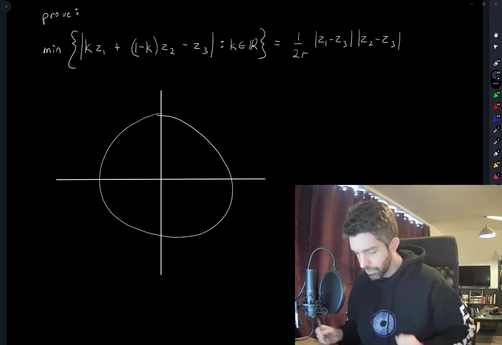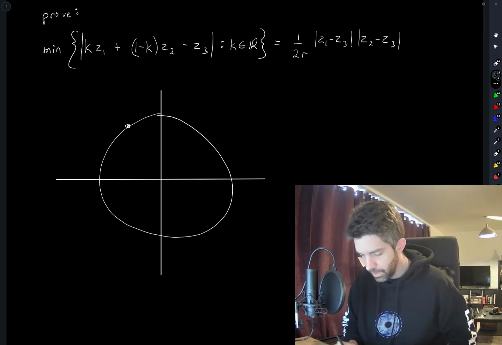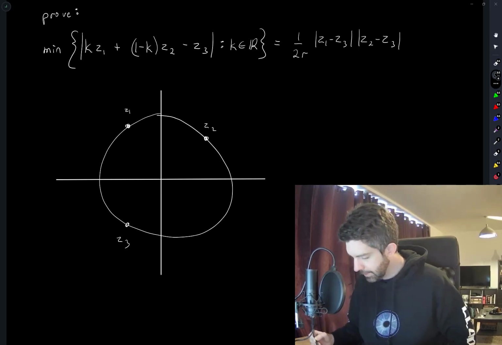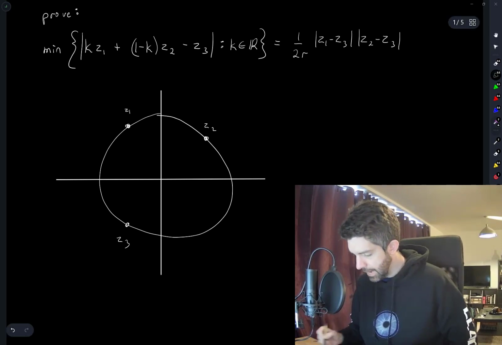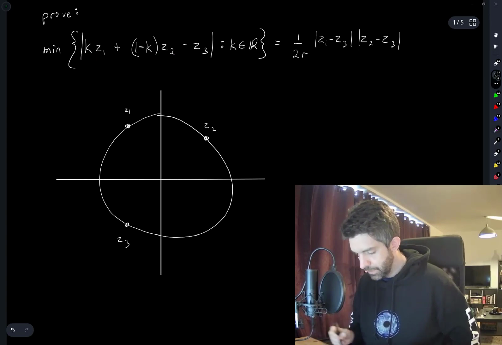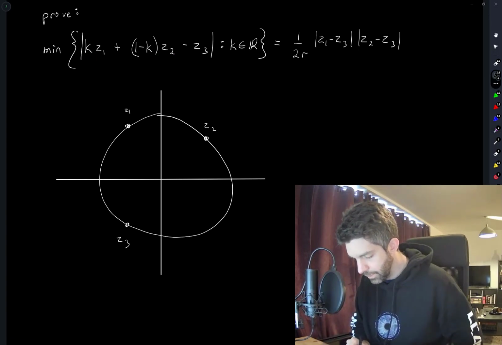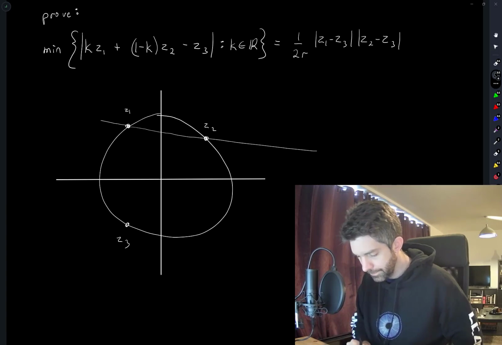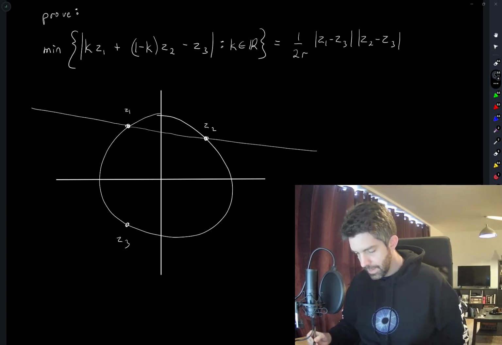So this is supposed to be a circle of radius r. I'm just going to put on some arbitrary points like this. We'll call this z1, z2, and z3. And as k ranges over the real numbers, different values of k are just going to give us different points that are on this straight line connecting them, like so.